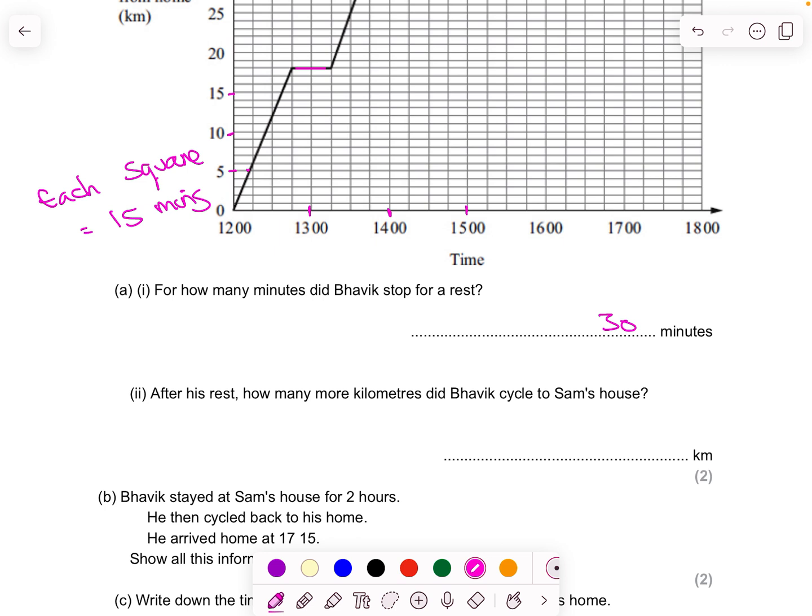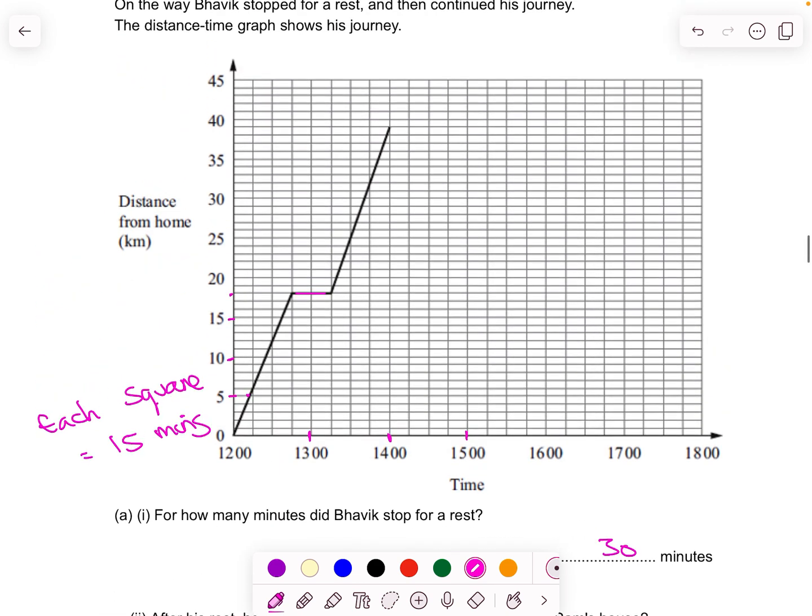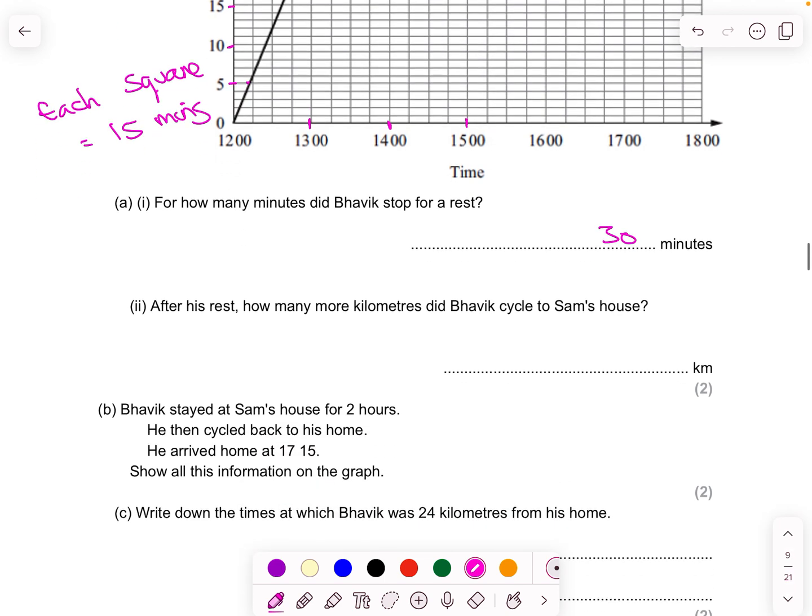So 16, 17, 18. So he stopped at 18 there, and he went on to here, which was 39. So 39 take away 18 is 21 kilometres.